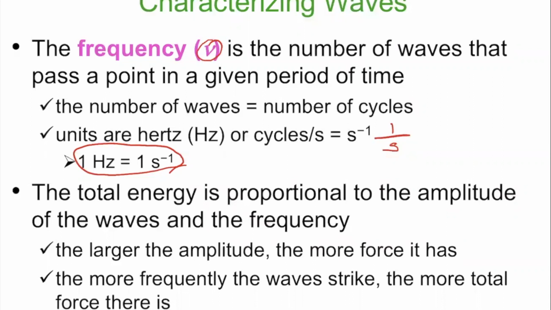So the longer the wavelength, the lower the frequency. Short wavelength, high frequency. And this is going to be related to the energy that the wave carries, because there's going to be energy involved. So remember, the frequency of the wave is directly proportional to the speed at which the wave is traveling.